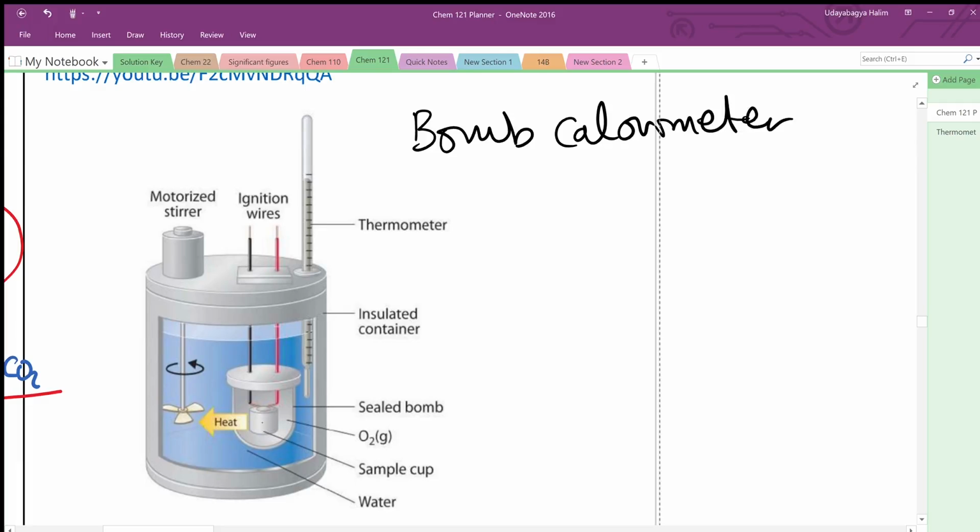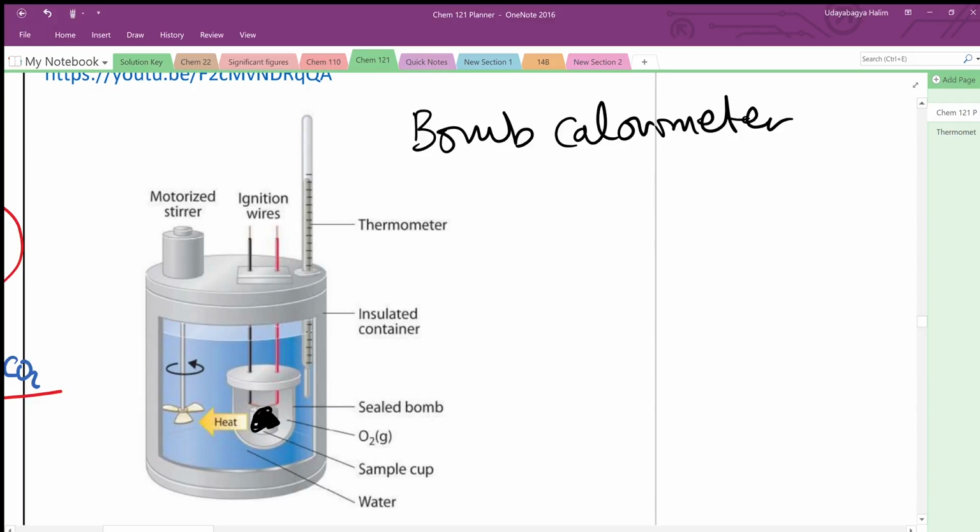You put your sample inside of this, and then you put everything into a really rigid metal container and you seal it really tight. And because you've already sealed the materials and put a bunch of oxygen gas in it, for example, it's really hard to stick a match to light up your reaction.